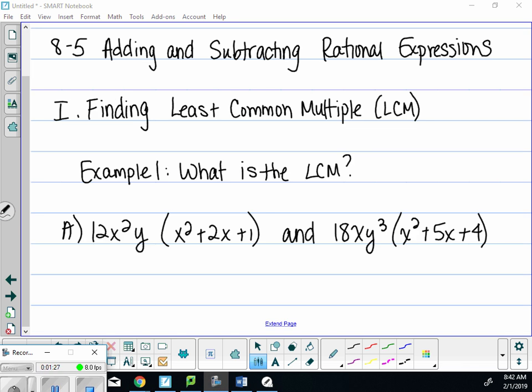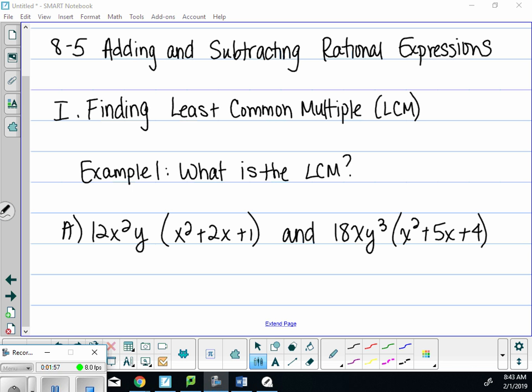So finding a least common multiple of two numbers means we're looking for basically the smallest possible number that they can both be multiplied into. Okay, one of the ways to do that is to factor them down, like using a factor tree, and figure out what their common factors are and what their common factors aren't. Okay, which is basically the method we're going to use for this.